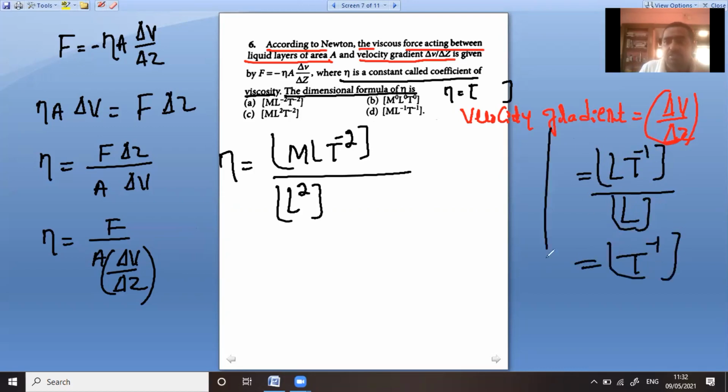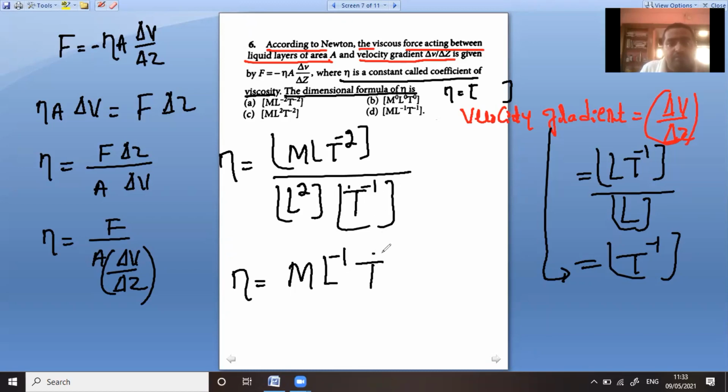That is the dimensional formula for velocity gradient, T minus 1. So now the coefficient of viscosity is equal to M L to the power of 1 plus 1 minus 2, that is minus 1, then T to the power of minus 1.